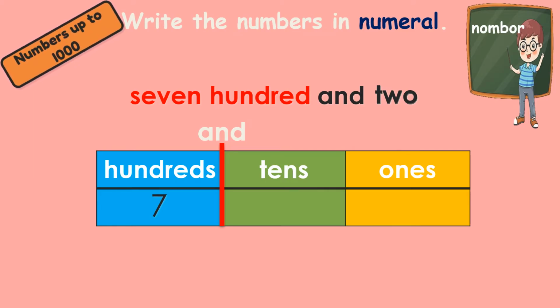Then the words N. For tens and ones place, we look at the word after N. 2. 2 we put in ones place and change to number 2. For tens place, we write 0. Now we can write the number in numeral 702.